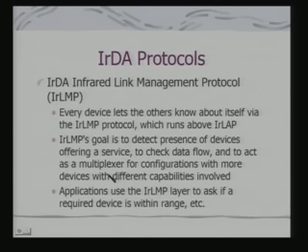Applications use this layer to find out if a required device is within range or not. Typically, if you are using a PC with infrared support, the moment a device comes inside this vicinity, the PC starts responding, saying that there is an infrared recipient in its vicinity. So, an application when it is running or managing an infrared port typically uses this protocol to figure out whether there is any device with which it can establish a connection.